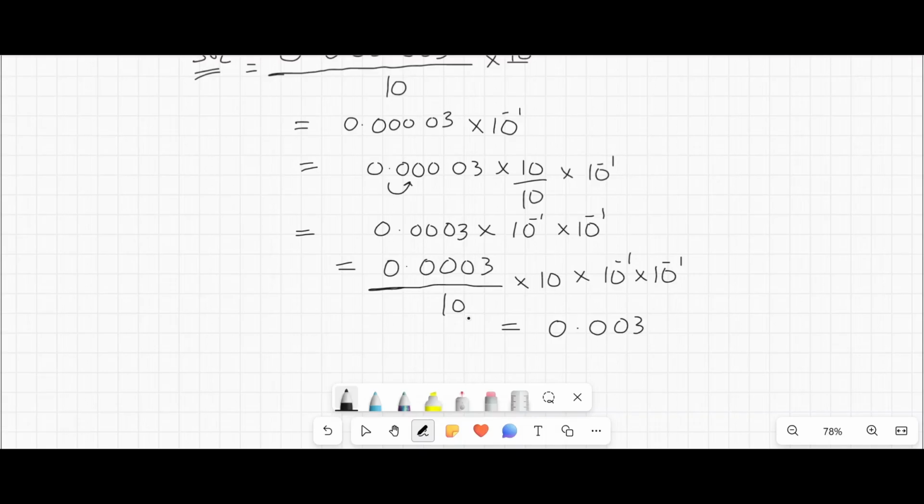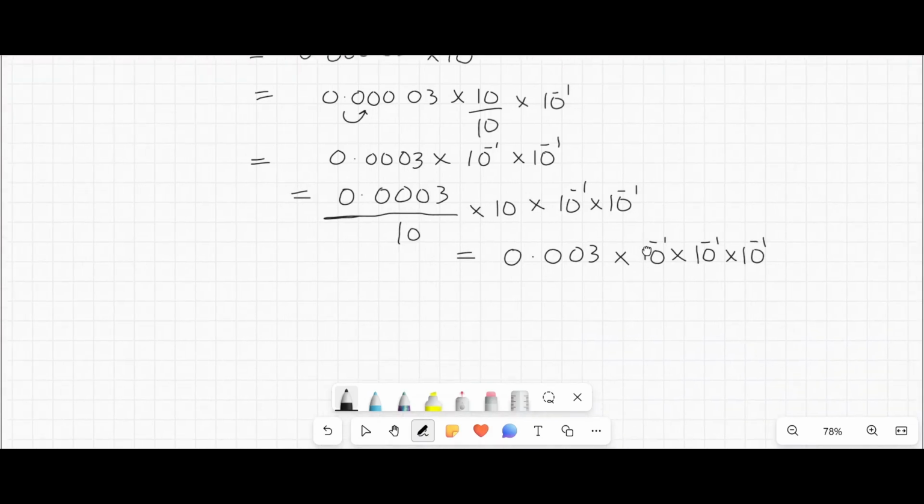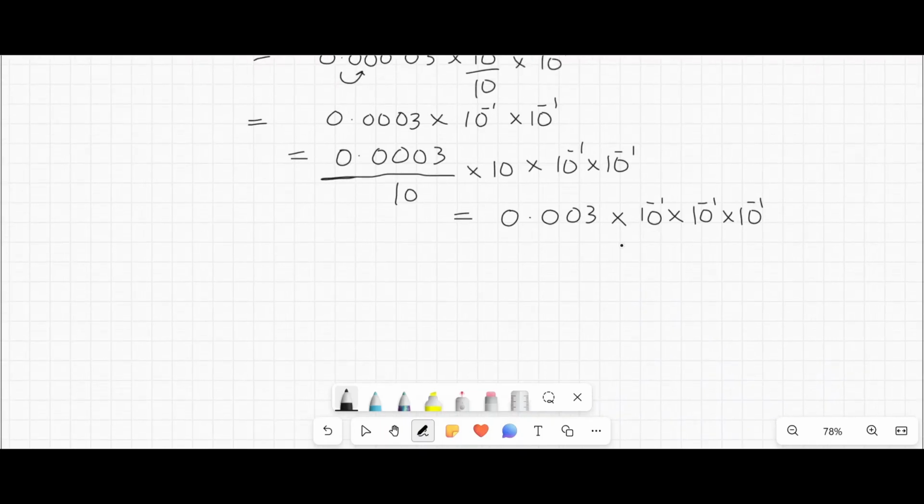The 10 in the denominator will be written like this: 10 raised to -1, 10 raised to -1, 10 raised to negative 1. So here you can easily see the power. We can add these now.